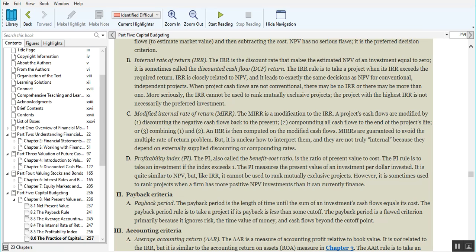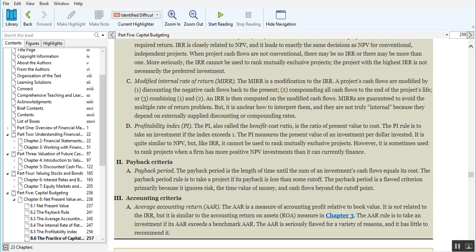Modified internal rate of return is a modification to the internal rate of return, where you modify the cash flows by discounting negative cash flows back to the present and compounding all cash flows to the end of the project's life. Then the profitability index is the benefit cost ratio, which is a ratio of present value to cost.